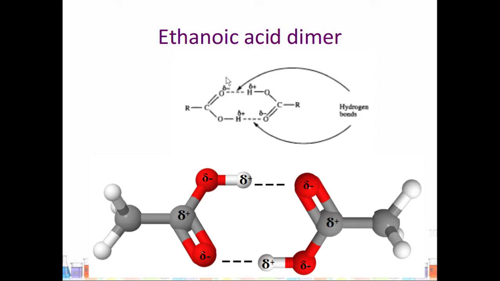The oxygen here is going to be slightly negative, and that can form a hydrogen bond with the hydrogen on the hydroxyl group on the other molecule. And then the delta positive hydrogen on this one can form a hydrogen bond to the slightly negative oxygen on the other molecule. So you've got 2 hydrogen bonds there holding the molecules together.